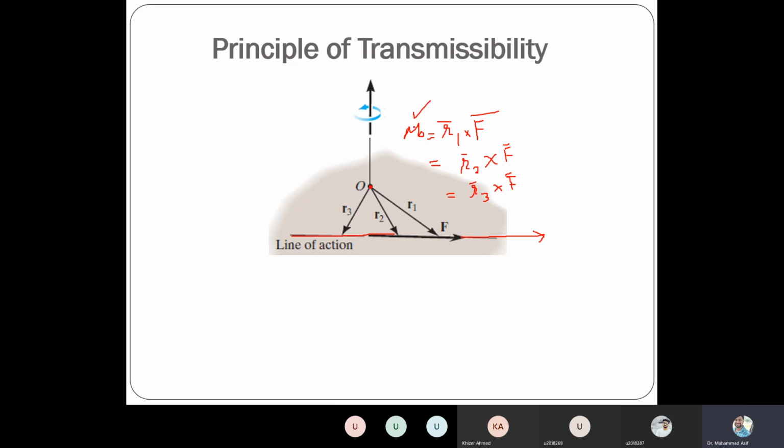You can see it has the same value whether you take r1, r2, or r3, but the condition is that the force should be a vector and the position vectors should be in vector form.